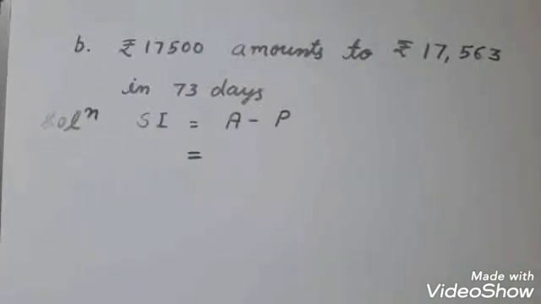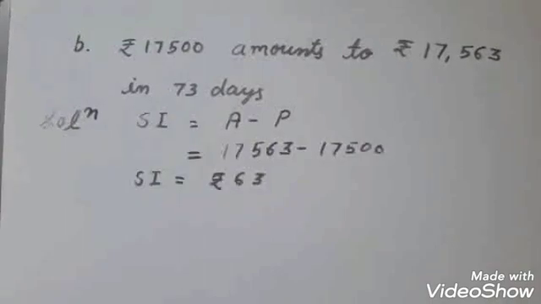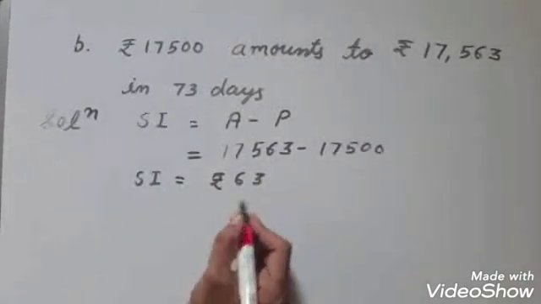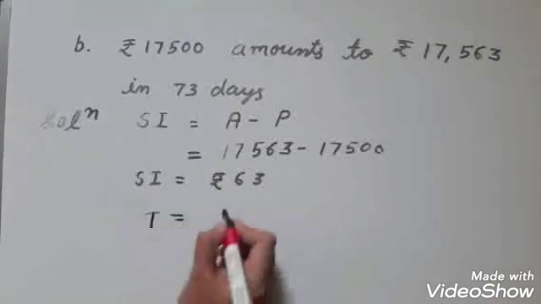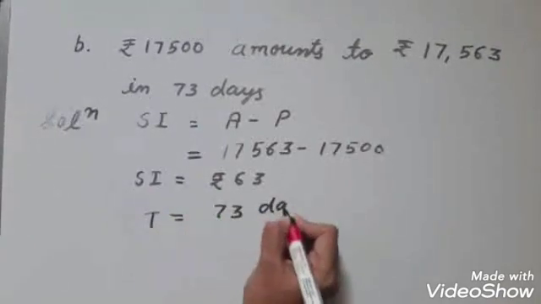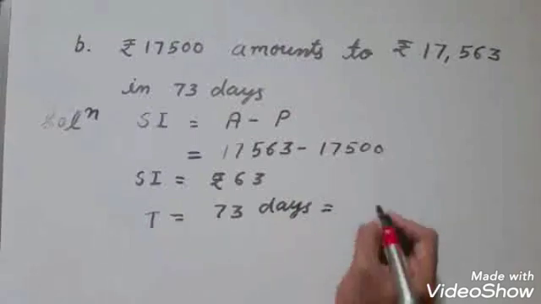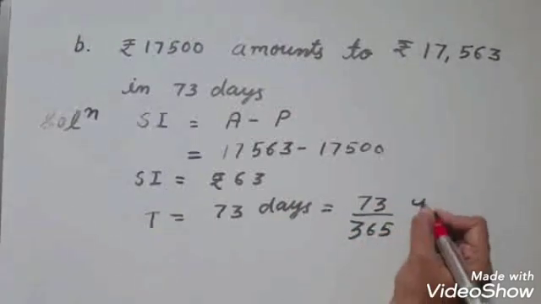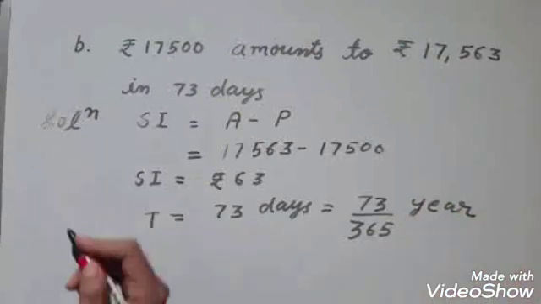So, for finding simple interest, what to do? We will subtract principal from amount. Means simple interest is rupees 63. Now we have time in days, 73 days. So we need to convert it into year. So 73 upon 365 year.